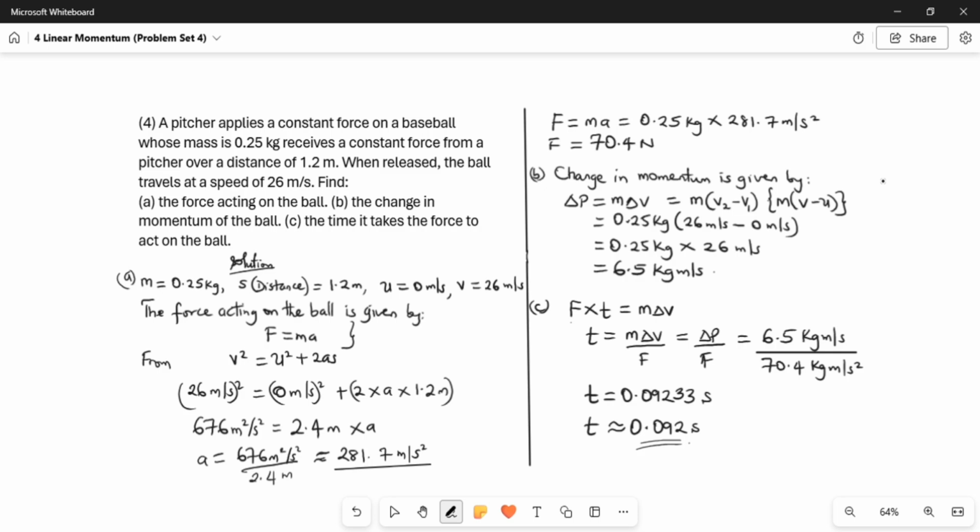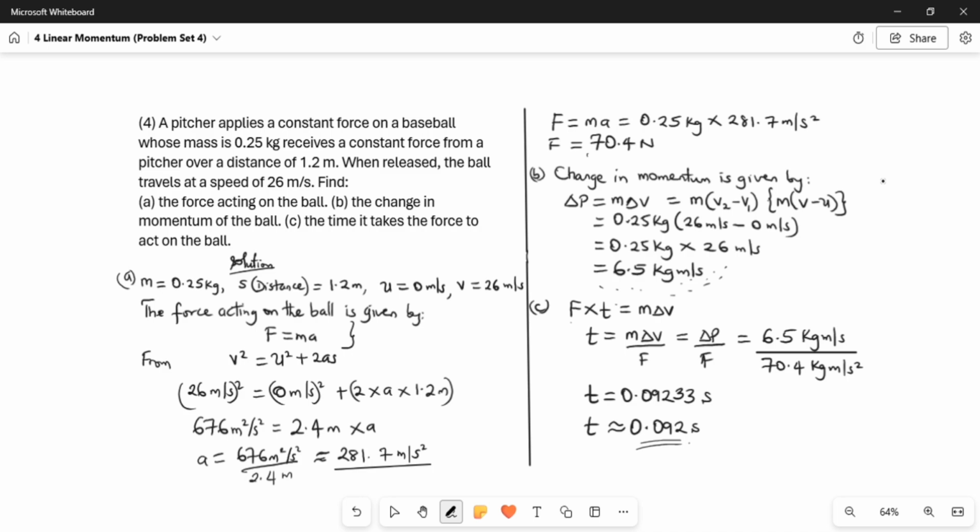So we just do a simple rearrangement of this equation so that t = mΔv / F, and mΔv is the change in momentum which we got from part B. So that is 6.5 kilogram meters per second divided by the force, which we got from part A, 70.4 newtons, but the newton is equivalent to 1 kilogram meter per second squared.